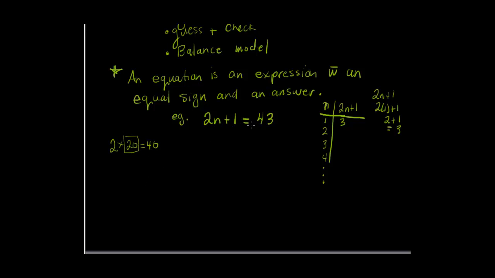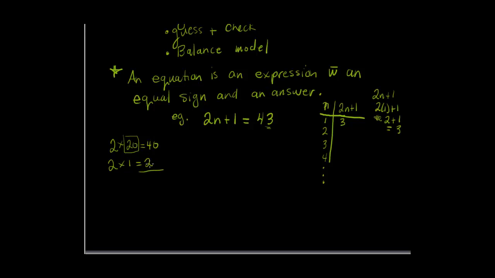Then I need something times 2 plus 1 to give me the 3. Maybe you start to figure this one out, or we have some answers to part of our puzzle over here. So 2 times 1 gives us 2.